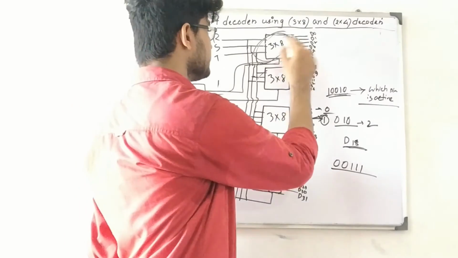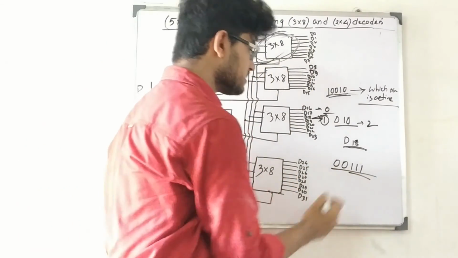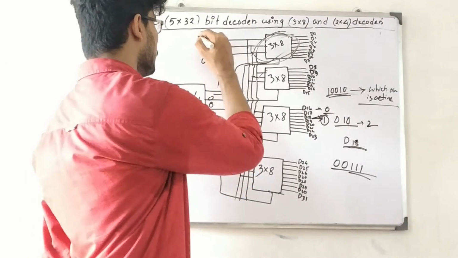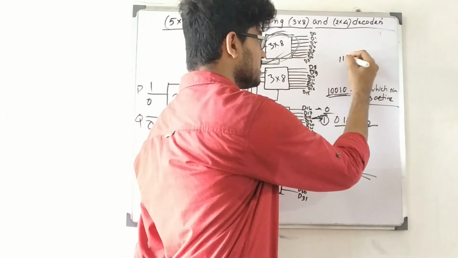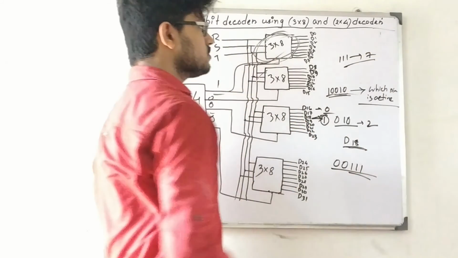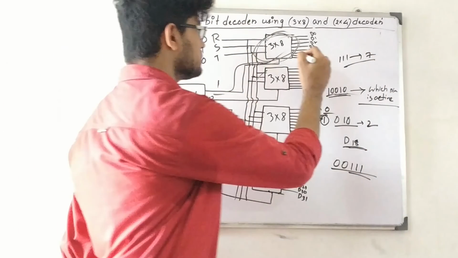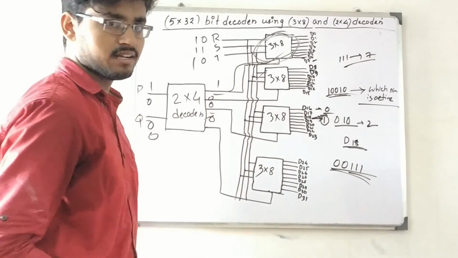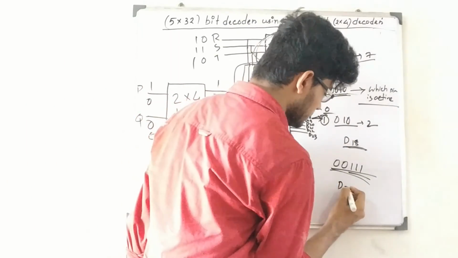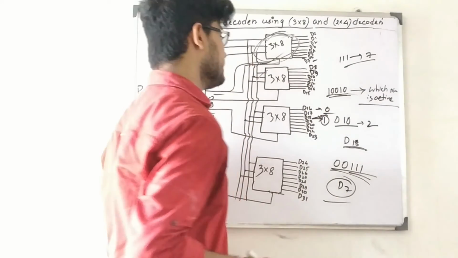Next we see the three bits 1 1 1. The decimal equivalent of 1 1 1 is 7, so only the D7 pin is active. So if we give 0 0 1 1 1 as input here, only the D7 pin is active, and the rest of the pins are inactive.